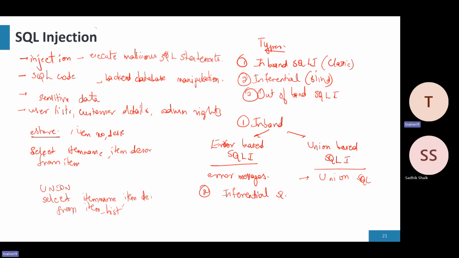Then the second type that you have is the inferential SQL injection method. Why is it called inferential? Because the attacker sends payloads and tries to observe the response and behavior of the server. The data is not transferred from the website to the attacker, so the attacker cannot directly see the information.